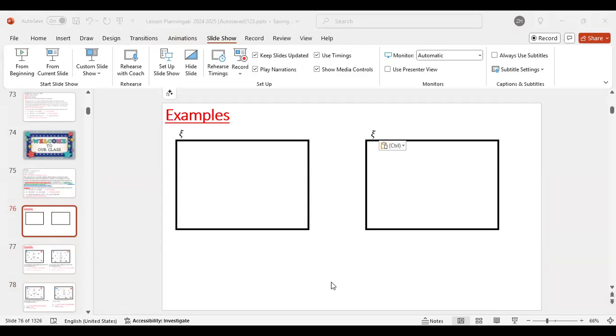So we have these two sets. Let's start off with the first one. We're obviously going to have overlapping sets.